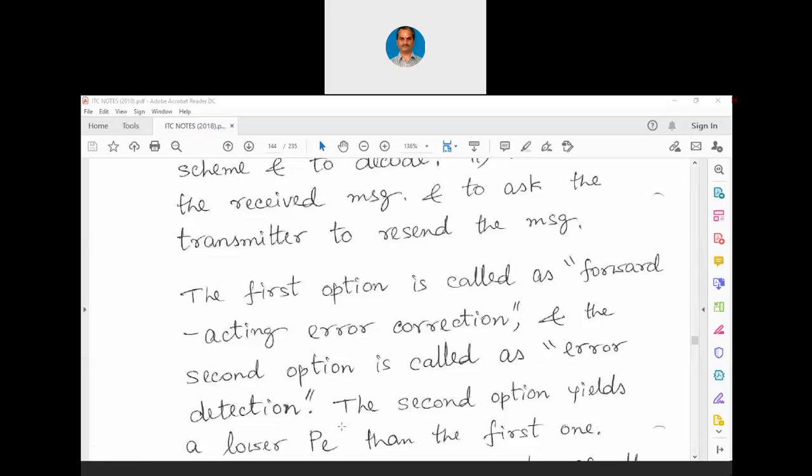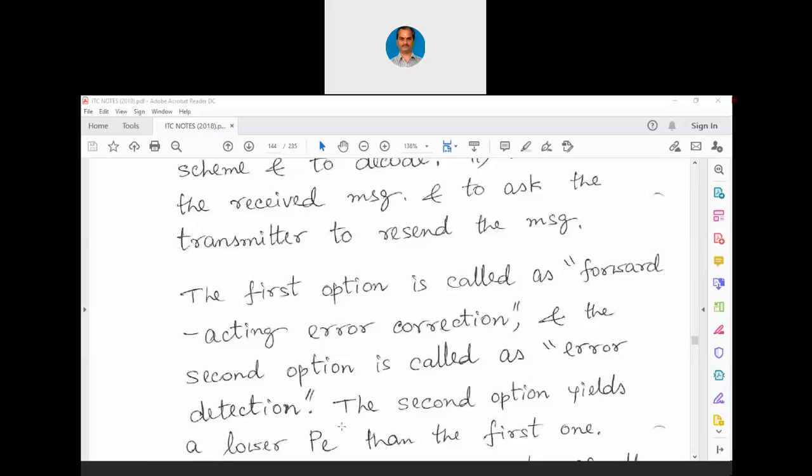For example, let us say you and me are communicating and my speech is not being properly received by you. Now you have two options. Based on whatever speech is received, you can decipher that I am saying this particular word only. That is forward acting error correction from your side.